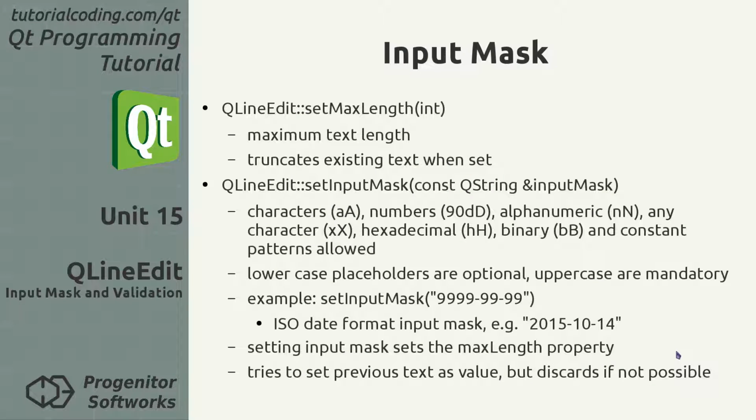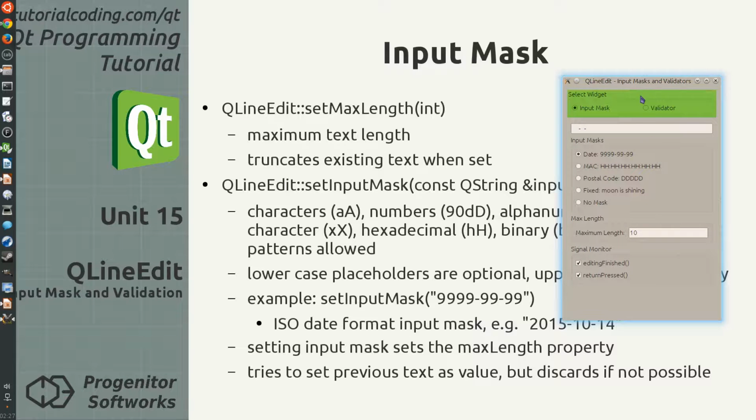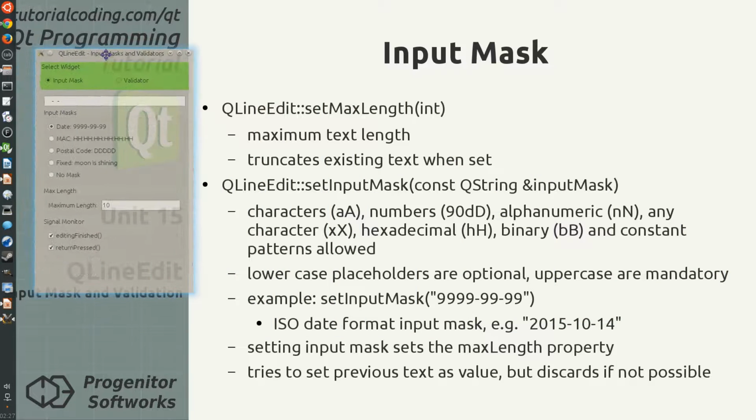So, input masks. First, I introduce the maximum length attribute. This isn't technically part of the input mask, but it interacts with it. It sets the maximum length of the text that is allowed to be entered. Now I have a very high value.